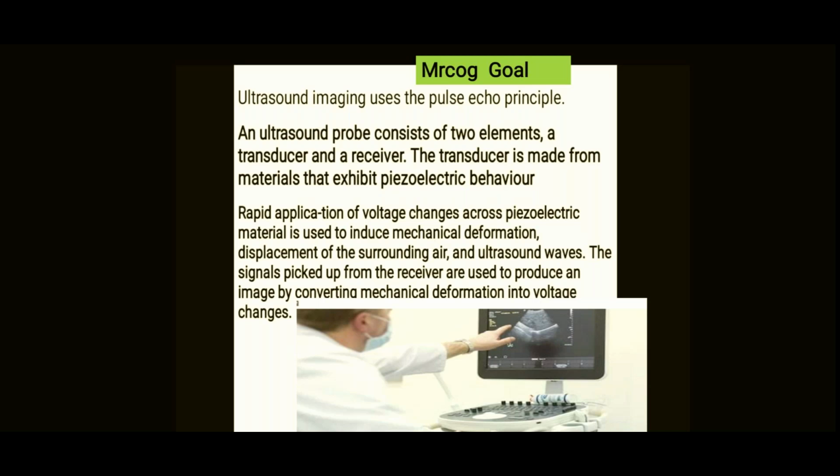The rapid application of voltage changes across the piezoelectric material is used to induce mechanical deformation, displacement of the surrounding air, and ultrasound waves. The signals picked up from the receiver are used to produce an image by converting the mechanical deformation into voltage changes, right?